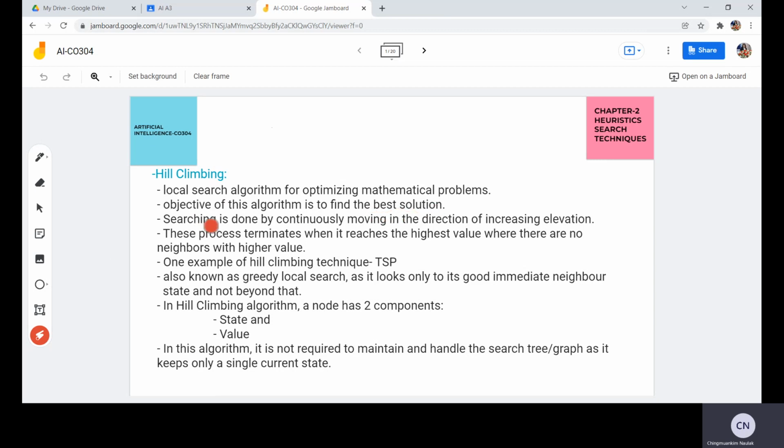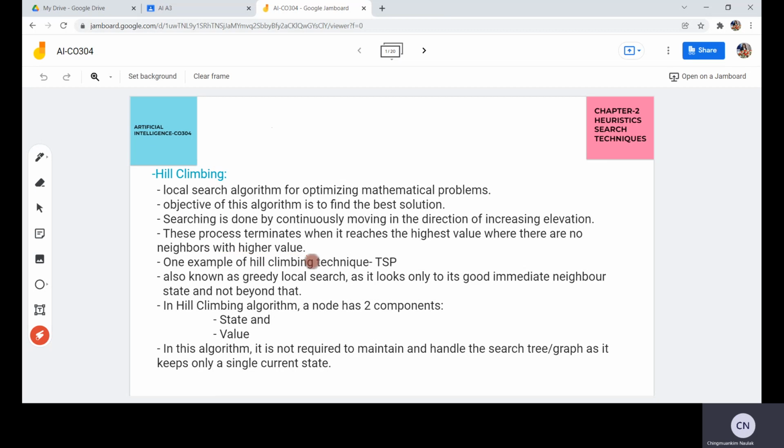the mountain. And how is this searching done? Searching is done by continuously moving in the direction of increasing elevation. You are going to move in this direction, and this process terminates when it reaches the highest value, when there are no neighbors which have a higher value than the current value.